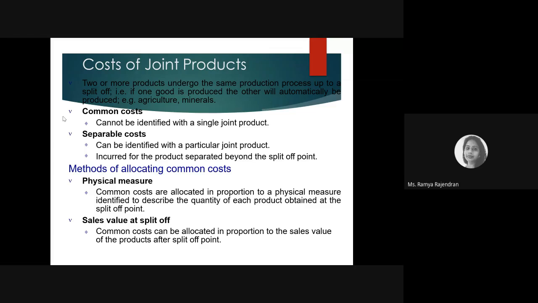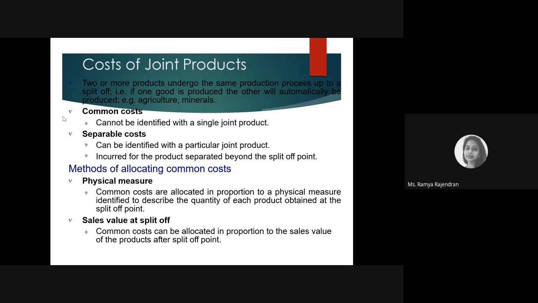So how are you able to calculate this? First one is through a physical measure. So the common costs here are allocated in proportion to a physical measure. Okay, you just measure. So imagine you melt the steel and then you create the roof for the car, and then based on the square feet or square inches, you calculate the area and then allot it.